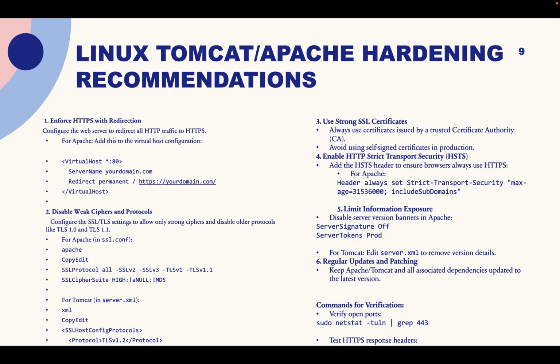For number 1, we have enforce HTTPS with redirection. To do this, we would configure the web server to redirect all HTTP traffic to HTTPS. For Apache, we would just add this to the virtual host configuration, doing this.